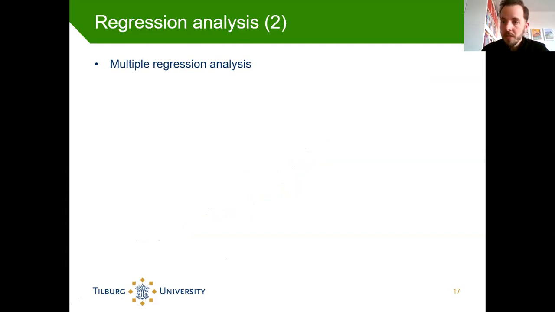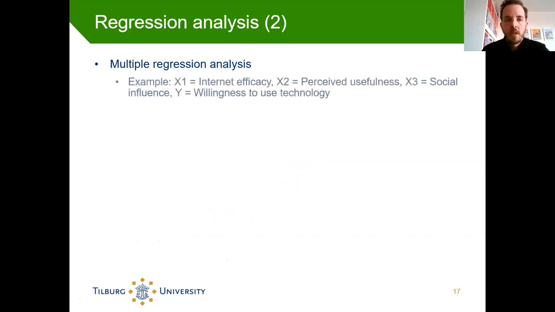In multiple regression, there is more than one predictor. In our example, this could be internet efficacy, but on top of that, two more predictors, for instance, perceived usefulness or social influence.